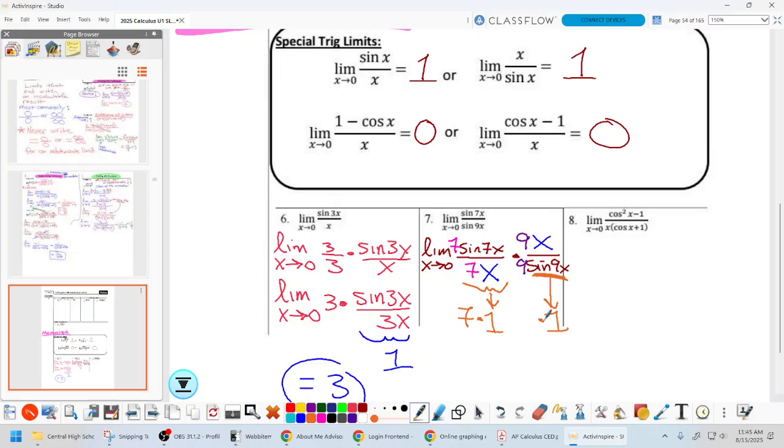That's 1. And then we have this loose 9 on the denominator. So what's our limit? 7 times 1/9, which is 7/9.